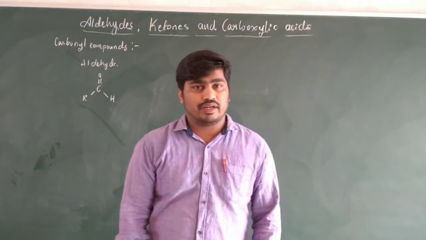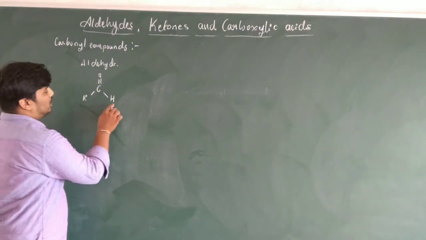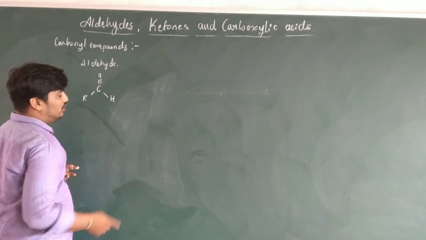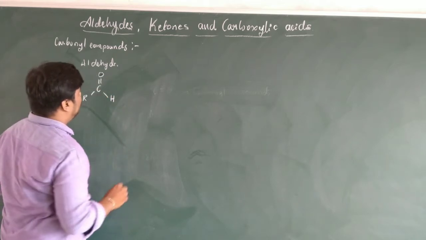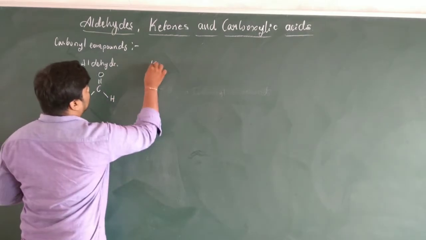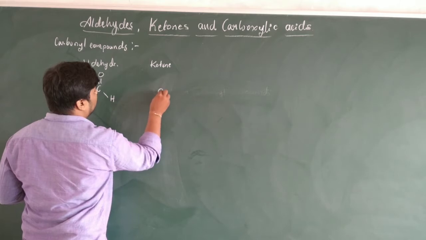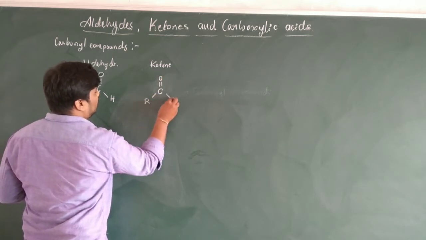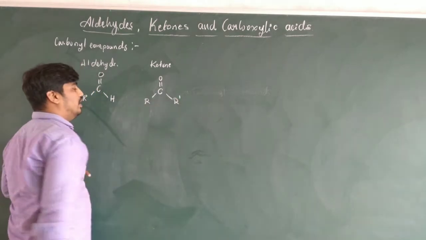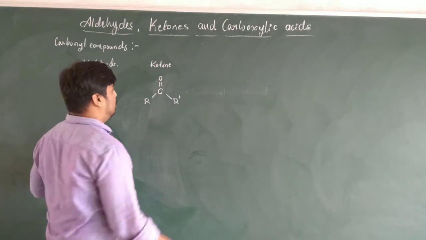The covalency of carbon is 4: one with the alkyl group, another with hydrogen, and two with oxygen. That is an aldehyde. Next, ketone. Here, carbon-oxygen double bond, with one alkyl group on one side and another alkyl group on the other side. They may be the same or different.